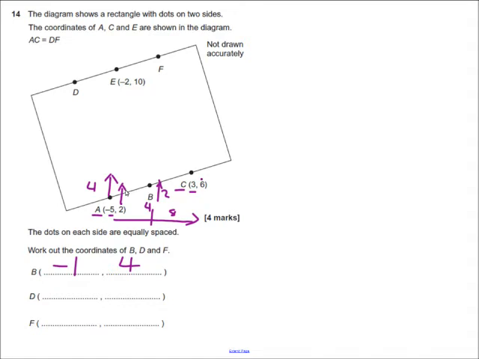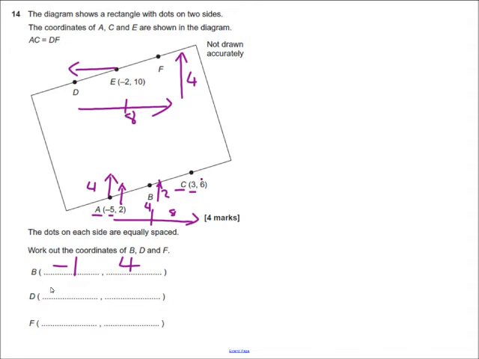Now, because the spacing for D, E and F are the same for A, B and C, from D across to F is 8, and from D up to F is 4, and we can use that again to work backwards from E to find D. So we're going back from -2, and we're going 4 places back from -2, half our distance.